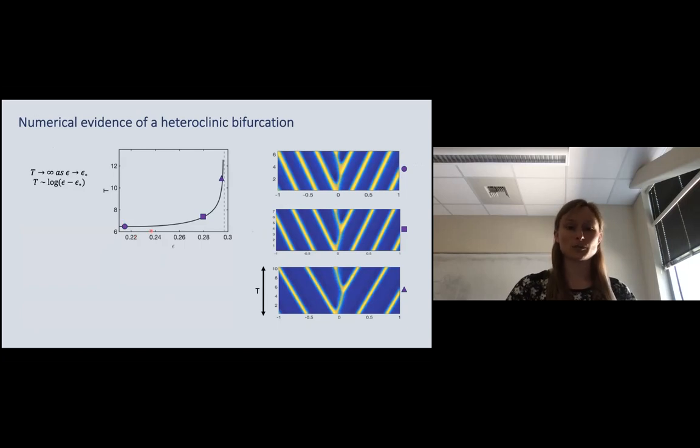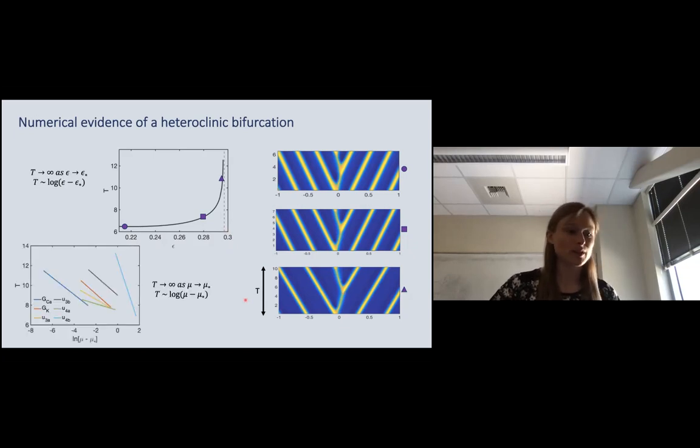What we find is this black continuous curve, and as we approach epsilon star, indicated by this dashed line, we see the scaling that we would expect from a heteroclinic bifurcation. On the right, I'm showing some of the images along this series, and you can see that as we approach the heteroclinic bifurcation, the slow pulse at the center propagates for much longer before splitting into that reflected behavior.